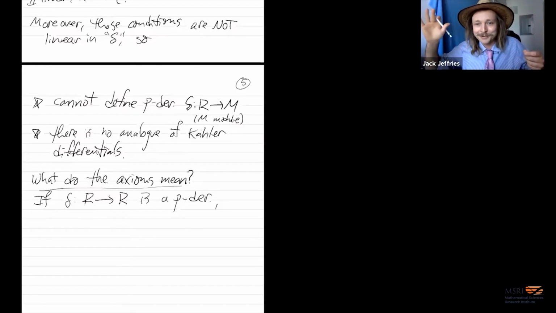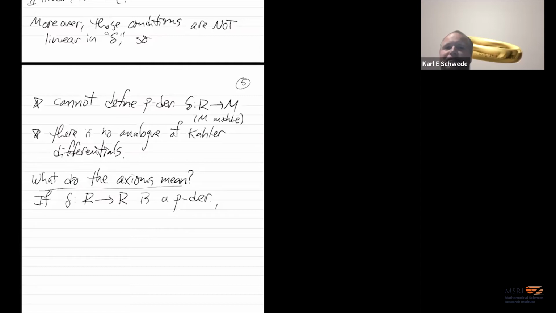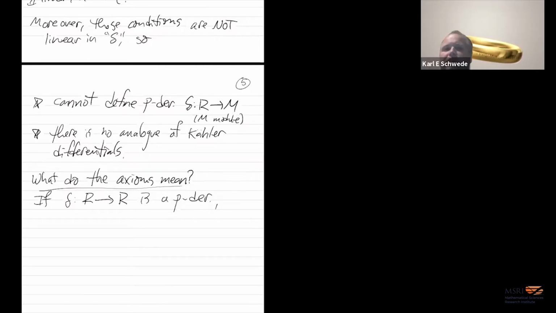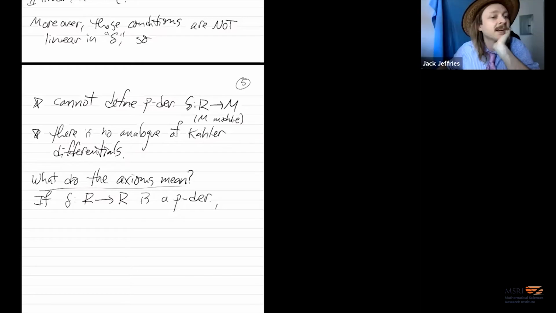Sorry, were you waving, Carl? Yeah, sorry, I just want to get your attention. Okay, but there is a question in the chat. Derivations form a reduced Lie algebra if p is 0 in the base ring? I see. This I don't know. I'm not aware that they do. Perhaps someone in the chat can say if they know for sure.